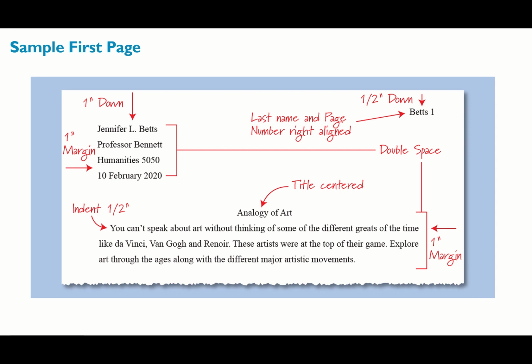So it's always going to be your last name, and then page 1 will always be in your first page, and then depending on how long your assignment is, it will be in consecutive numerical order, so 1, 2, 3, 4, etc. As you can see too, the title is centered on this page, so the title for this paper is Analogy of Art, and go ahead and take note, double spaced.